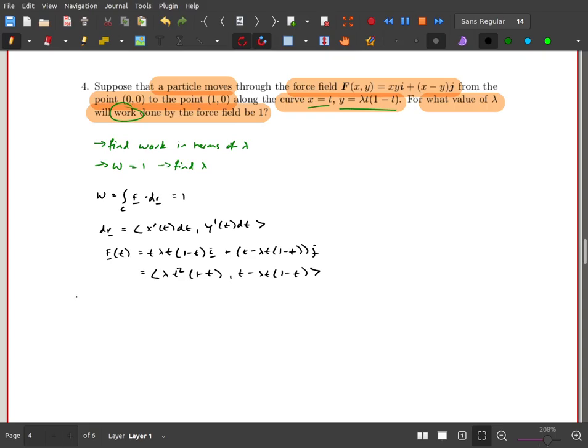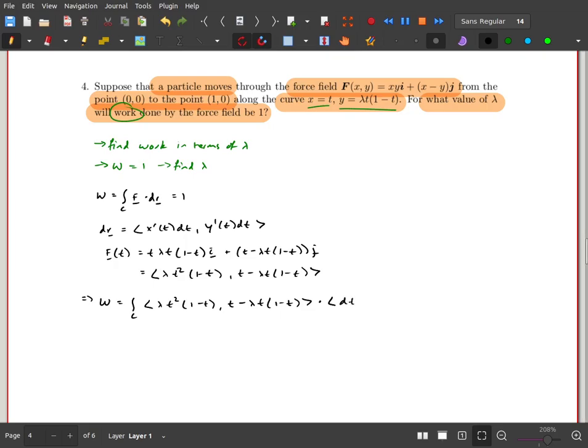So f dot dr will give us our new integral. So work will then be equal to the line integral of lambda t squared (1 minus t), and then t minus lambda t (1 minus t), dot, so x prime t, that will be just 1.